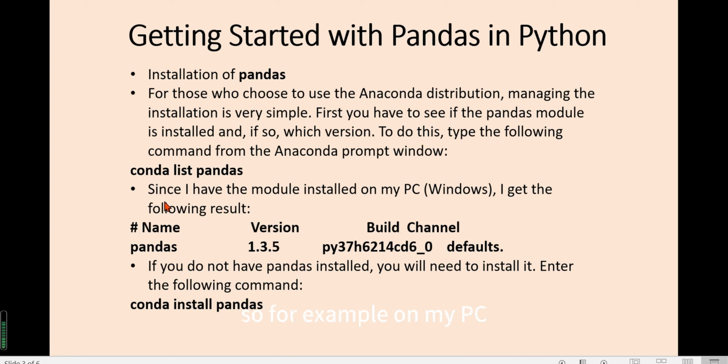For example, on my PC, since I have the module installed, I get the following results: pandas and the version, and the channel. If you do not have Pandas installed, you will need to install it. The command in the Anaconda prompt window is conda install pandas, and follow the instructions.